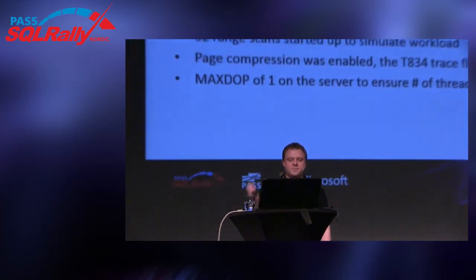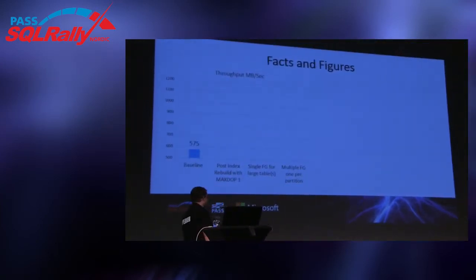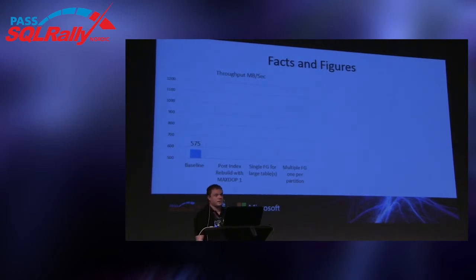And yeah, sorry, like I said, the max stop was set to 1 because I wanted to control how parallel it went, as opposed to SQL deciding, yeah, I can split this out into a parallel query. So the 32 were fired up. And this is the baseline. In our lab, we're getting 575 megabytes per second, which is still better than the customer's one, but still not great.